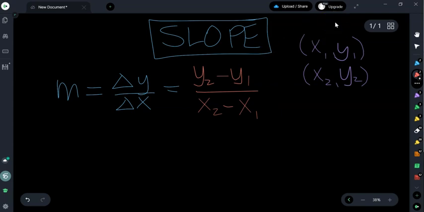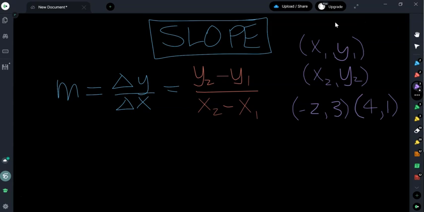So let me pick two arbitrary random points, and let's calculate a slope. So let's say I have -2, 3, and I have 4, 1. I want to calculate the slope. So I'm going to come back over here, and I'm going to create my slope formula.